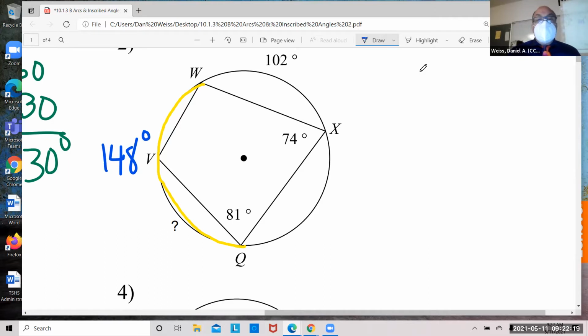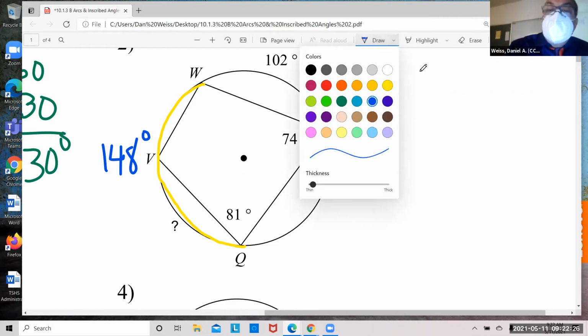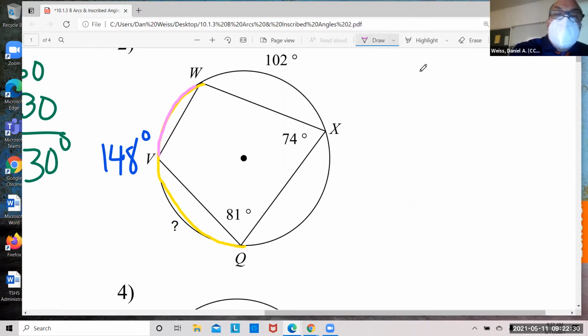And check this, all right? This pink one from V to X, that's going to be 162. Why? Because it's 81 times 2, right?